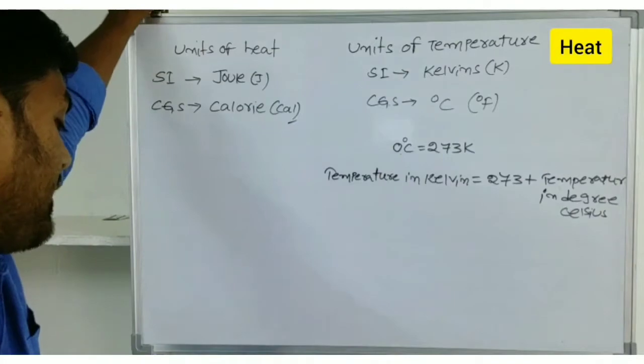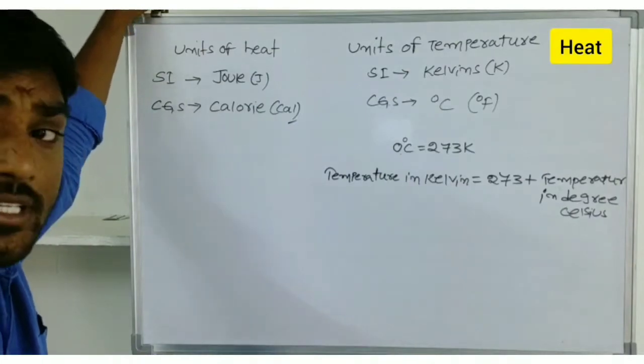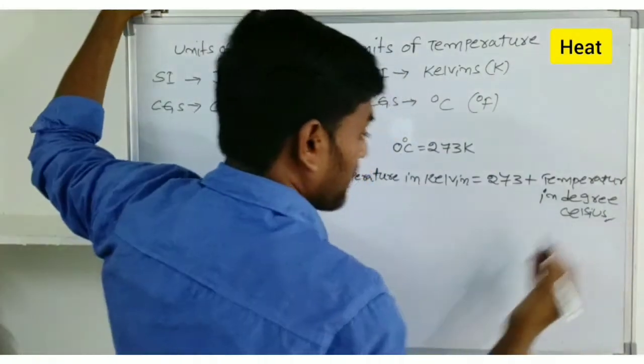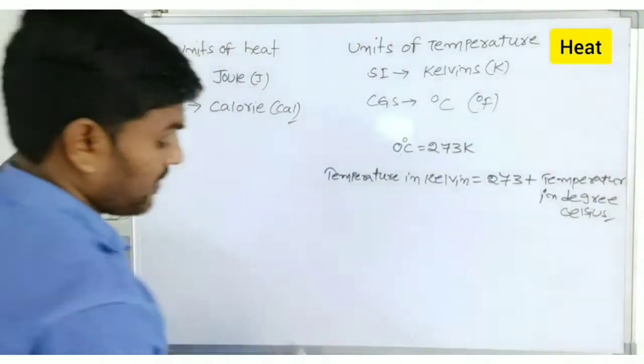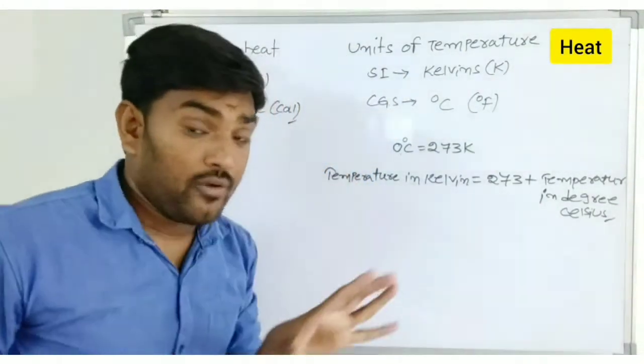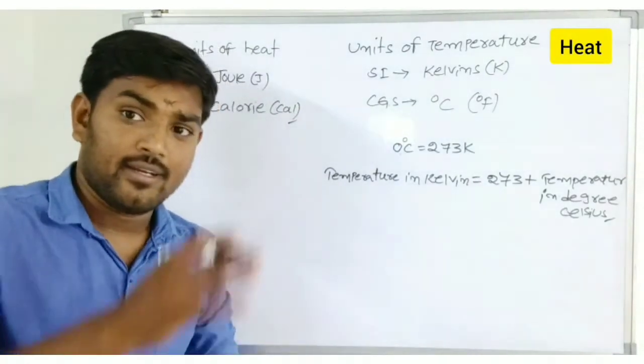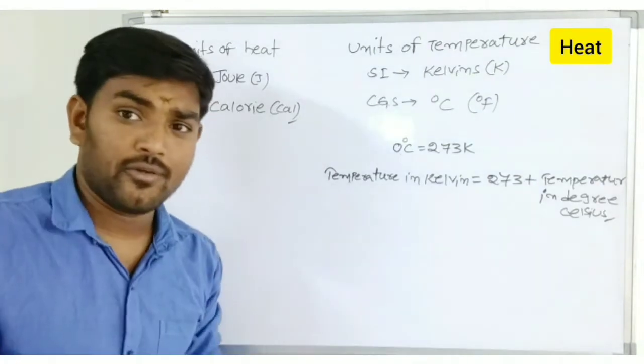Temperature in Kelvin scale is equal to 273 plus temperature in degree Celsius. So how do you convert kelvin to Celsius? Degree Celsius is converted into Kelvin scale.